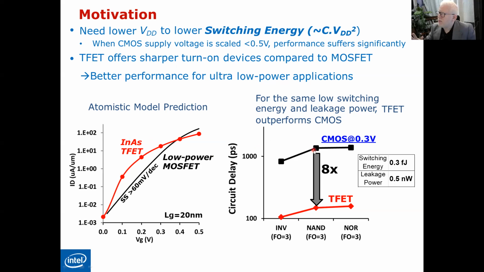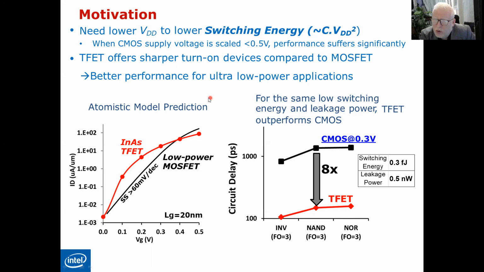Please remember, we are seeking a minimum time, so delay is a very important parameter. Here you can see how the tunneling field effect transistors boost the processing capabilities of the FETs. You can see that the targeted tunneling field effect transistor is 8 times faster than the normal MOSFETs. That's why we are seeking a new technology.